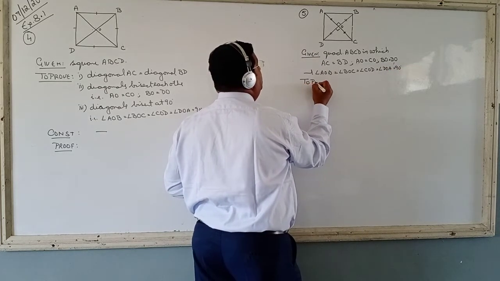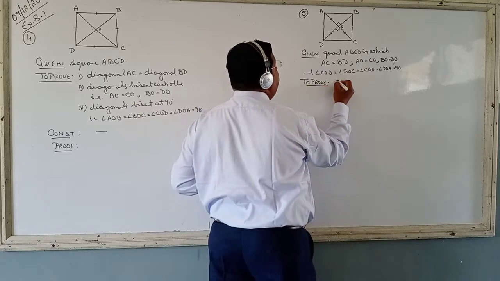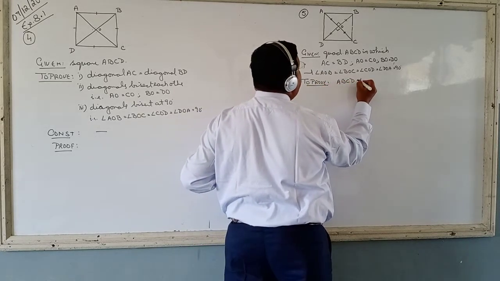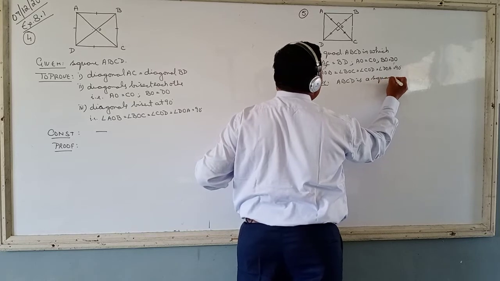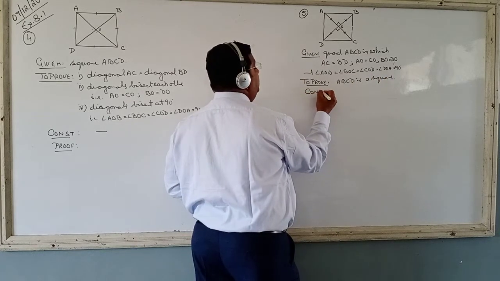What we have to prove? We have to prove that ABCD is a square. Construction not required.